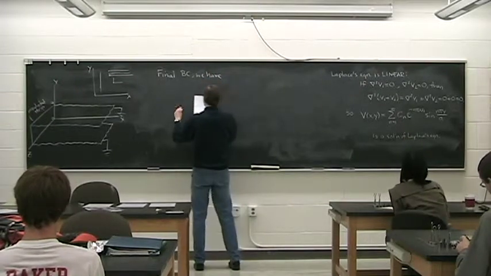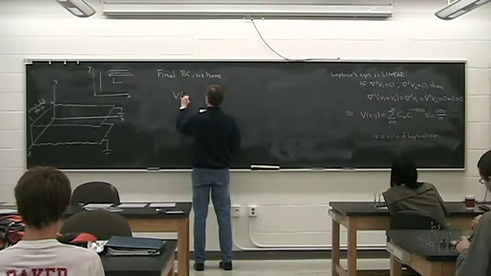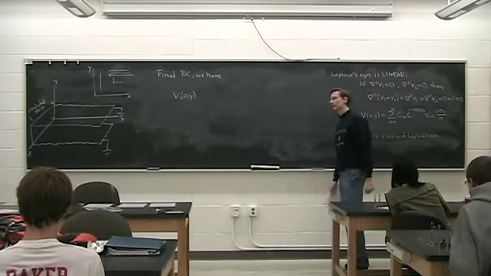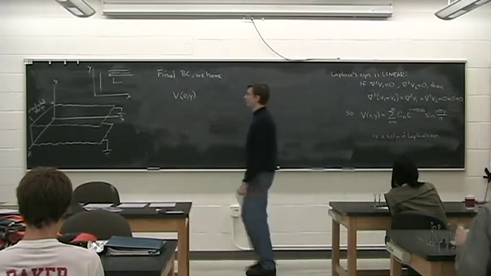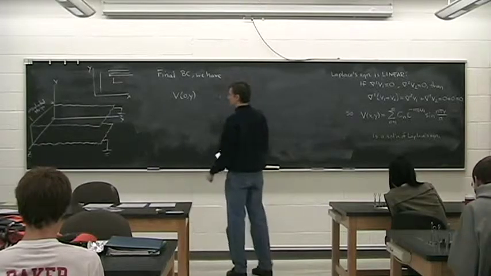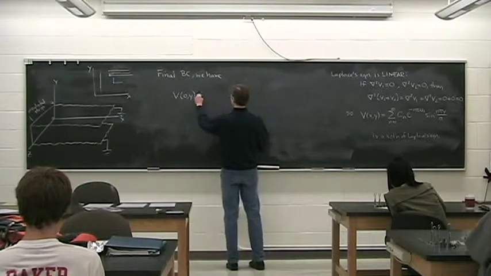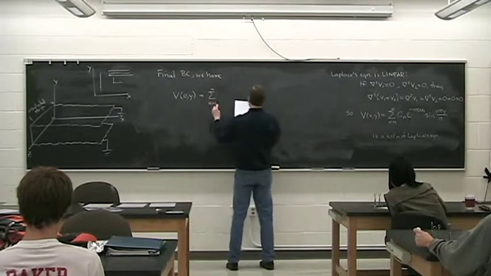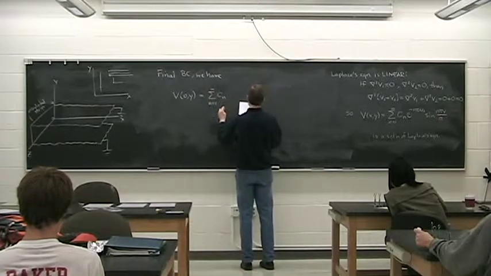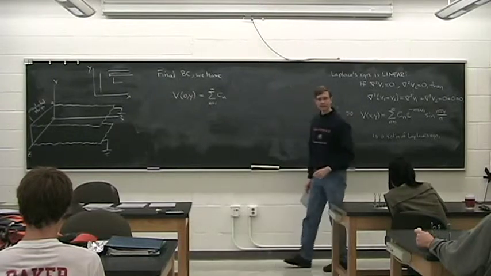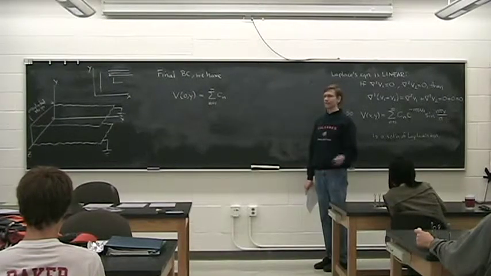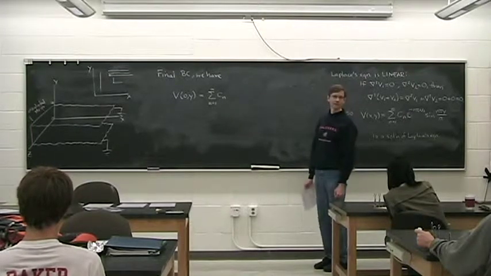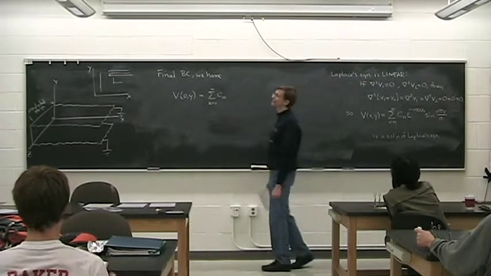we have v of 0 comma y. In other words, we're putting x equals 0, an arbitrary value of y, understood between 0 and a, is equal to the sum from n equals 1 to infinity of c sub n, and then we got e to the minus n pi x over a, which is 1 at x equals 0.